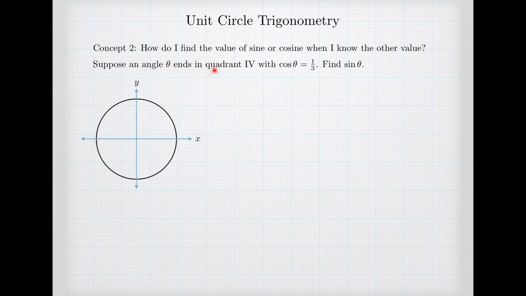Suppose that I have an angle that ends in quadrant 4, where the cosine of an angle equals 1/3. So quadrant 4, if I think about quadrants, I start going in the counterclockwise direction. Quadrant 4 is the 4th quadrant I arrive in. So I'm interested in the quadrant on the bottom right.